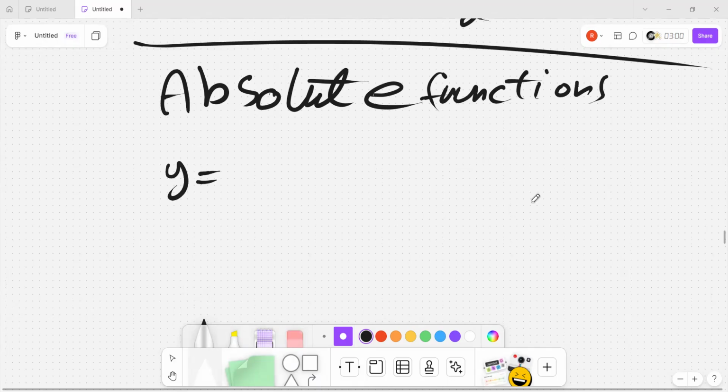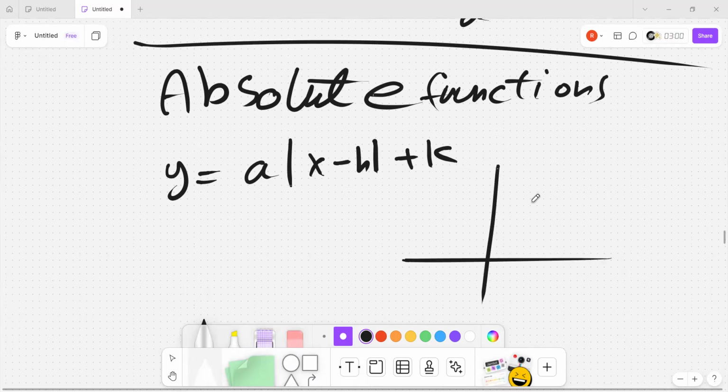The equation of the absolute function is written like that: y equals a times the absolute value of x minus h, plus k, like the vertex form of the parabola. But the absolute function is drawn like the letter V. Our vertex is here, which is h and k.